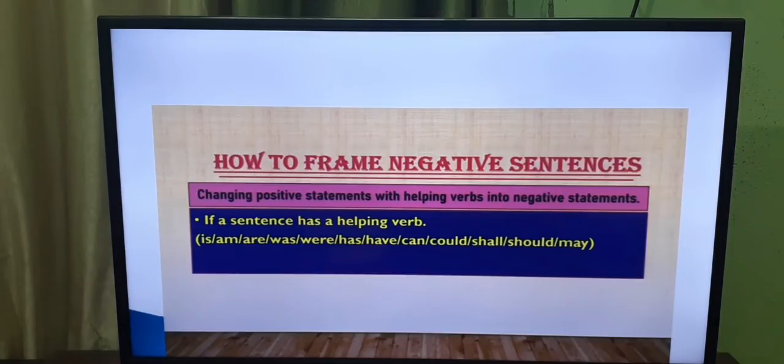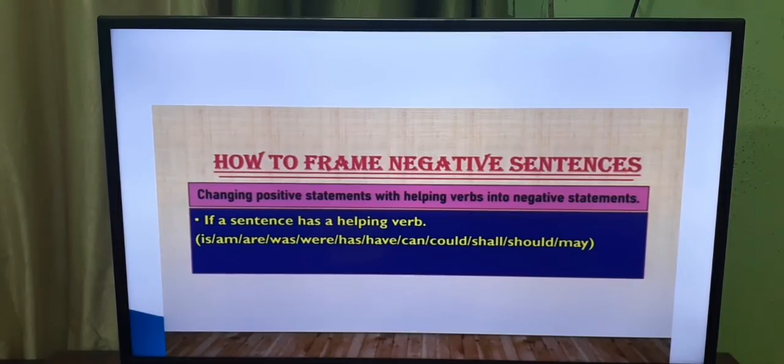The first one, changing affirmative sentences which have helping verbs in them into negative statements.